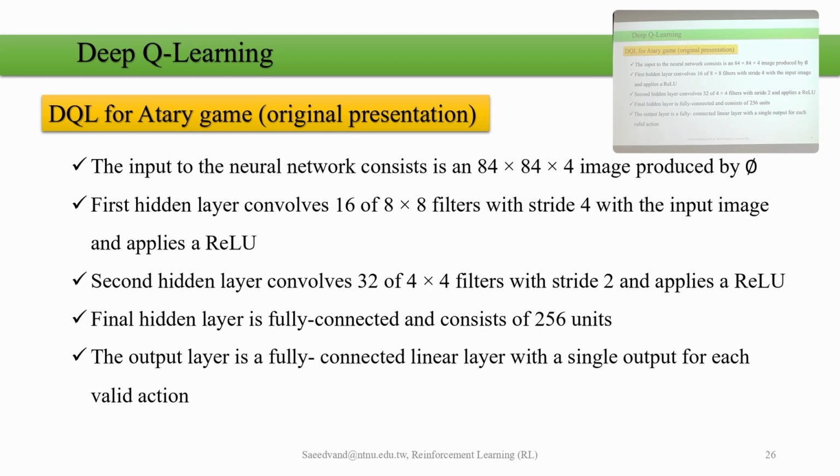And after that, the final output layer is a fully connected layer with a single output for each valid action, representing the value for each valid action that should be chosen in that state.